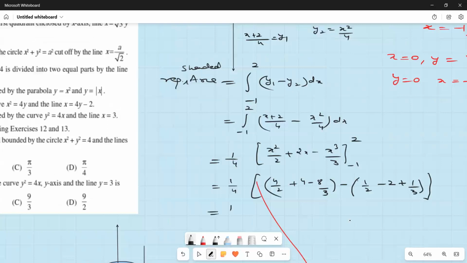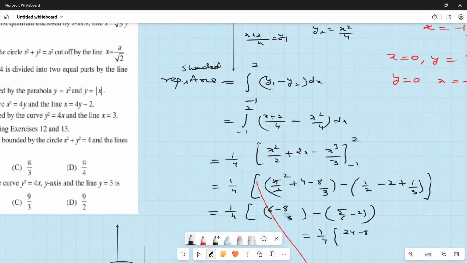So this is 1 by 4, 2 plus 6 minus 8 by 3, minus, this is 1 by 2 plus 1 by 3 is 5 by 6, 5 by 6 minus 2. So final answer you are getting as 1 by 4 in 24 minus 8 by 3 and minus of 5 minus 12 by 6.